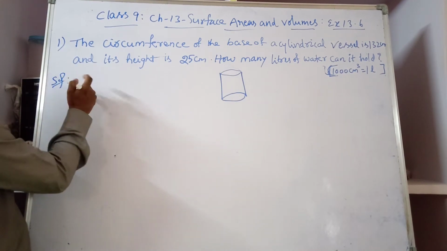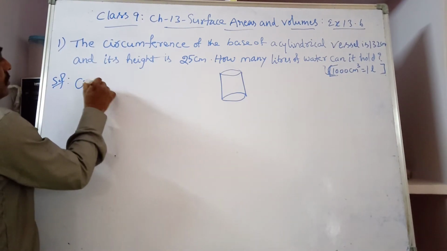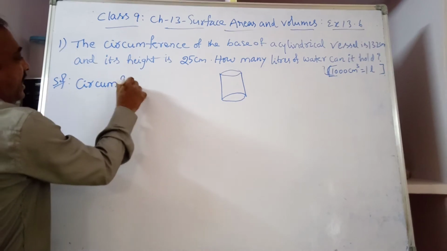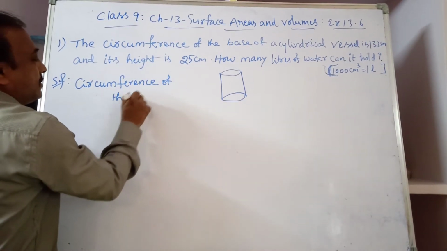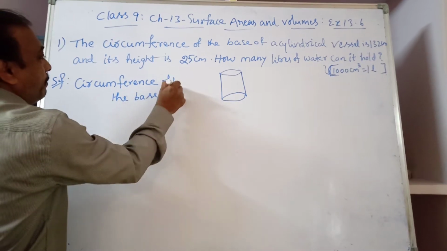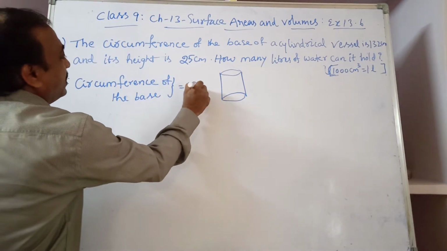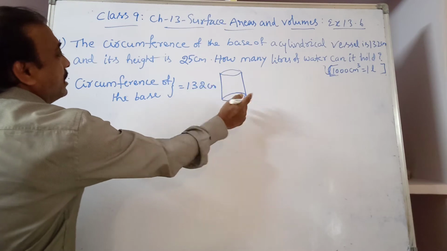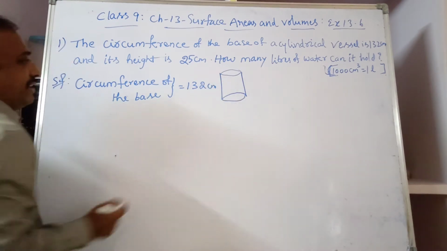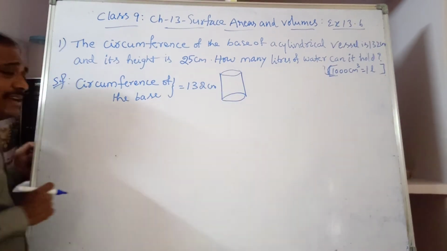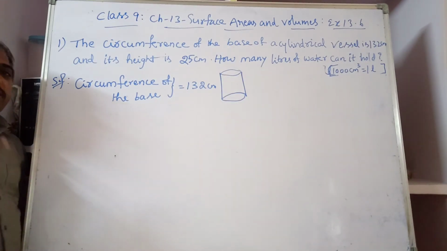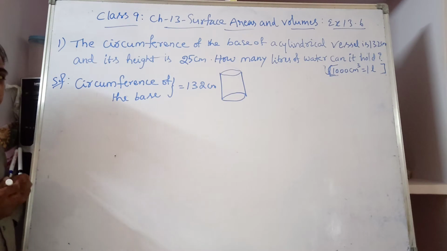Solution. First, circumference of the base is equal to 132 centimeter. The circumference is given. To find the volume of the cylinder we require radius and height.